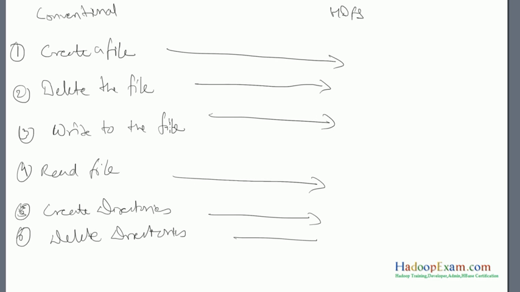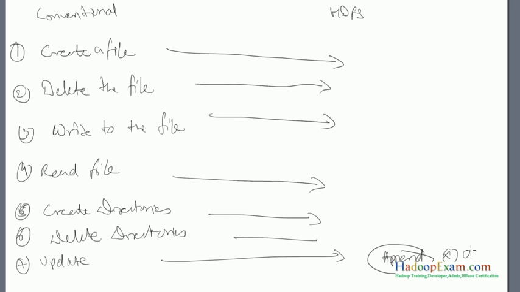However, updating a file is possible in a conventional file system, but in HDFS you can only append to an existing file; you cannot update it. Other than that, you can create and delete files, write in append-only mode, and completely read the file.